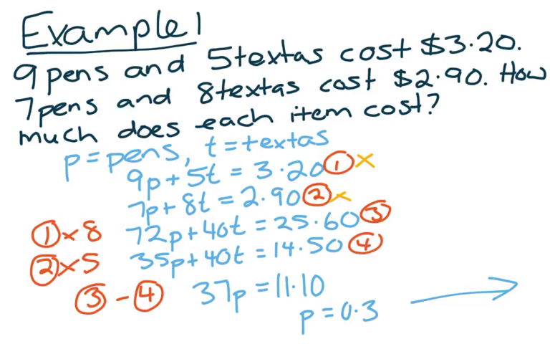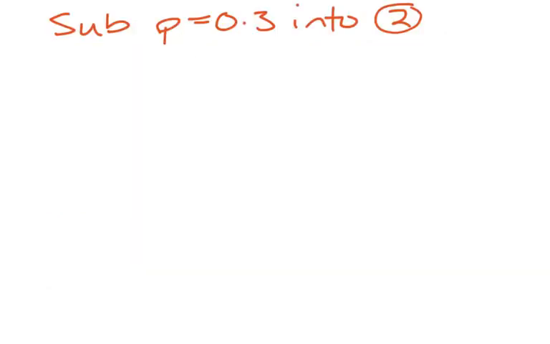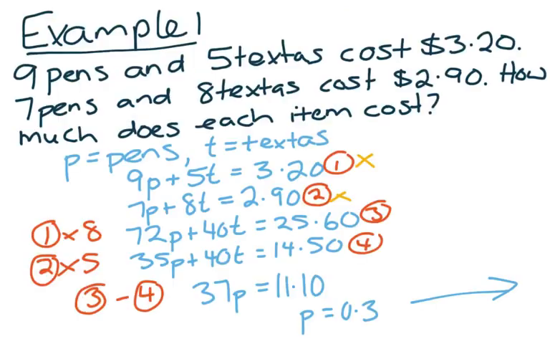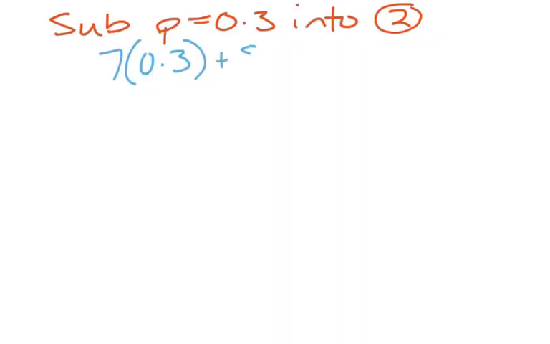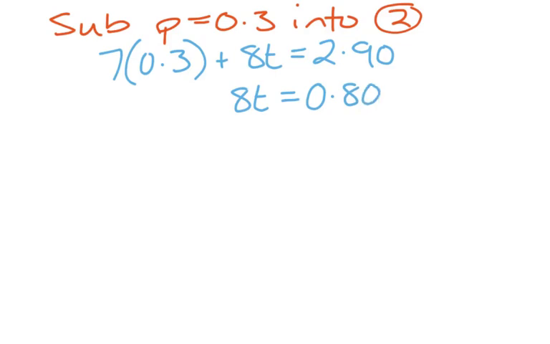So it'll be 7 lots of 0.3 plus 8t equals 2.90. Then we work out that 8t is equal to 80 cents, which means 1 texter is 10 cents.